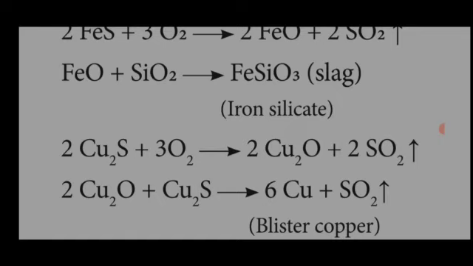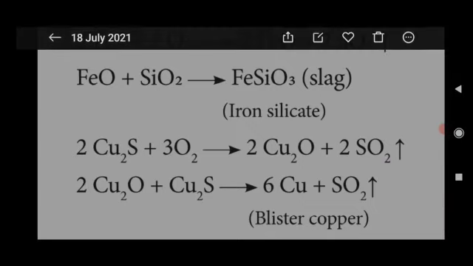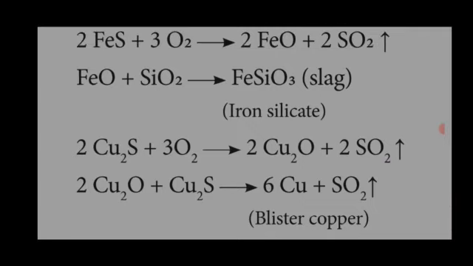In the last equation, copper oxide reacts with copper sulphide to form 6 moles of copper and SO2, sulphur dioxide. In the fourth step, the volatile impurities, sulphur, are completely removed. Finally, we get blister copper.